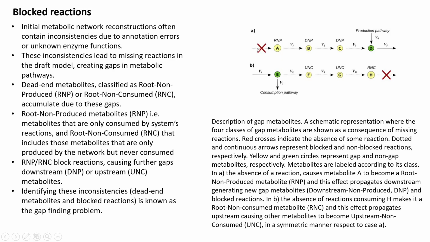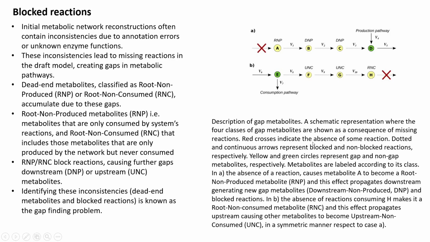So that information is not available, which classifies into the group of RNP, root non-produced, which is basically A is not produced inside your metabolic space, but you do not know from where A is coming. So yeah, these red crosses on both sides. Here basically it's an RNC. H is neither transported nor consumed, so it is root non-consumed. So these two red crosses are depicting RNP and RNC.